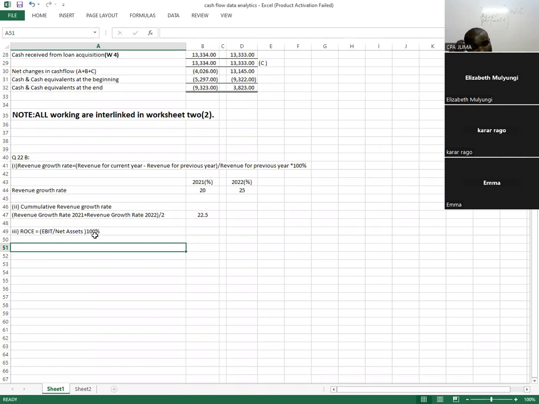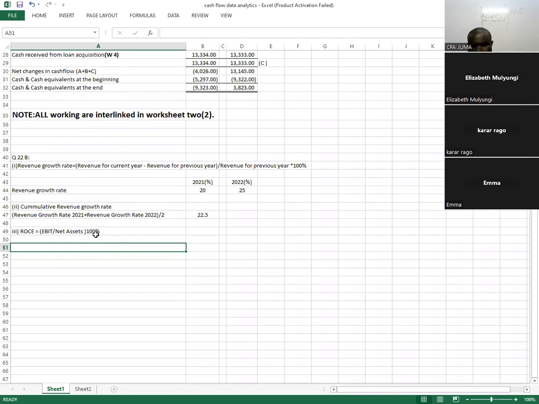The net assets, take the total assets minus current liabilities. Usiende kwa long-term borrowings. Don't touch non-current liabilities. You get that net asset component, multiplied by 100 for each year.